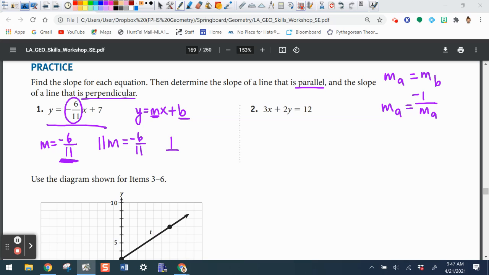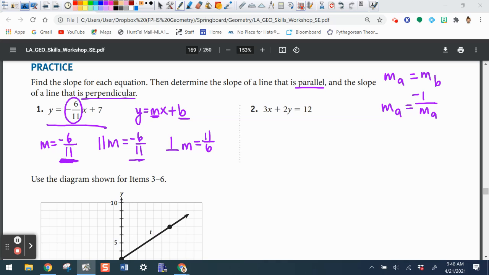So the perpendicular slope, and that's the symbol for perpendicular, is known as the opposite or negative reciprocal. So what we're going to do is change the sign of our original slope, negative 6 over 11, so it's going to be positive. And then the term reciprocal means for us to flip or reciprocate the fraction. So instead of 6 over 11, it will be 11 over 6.